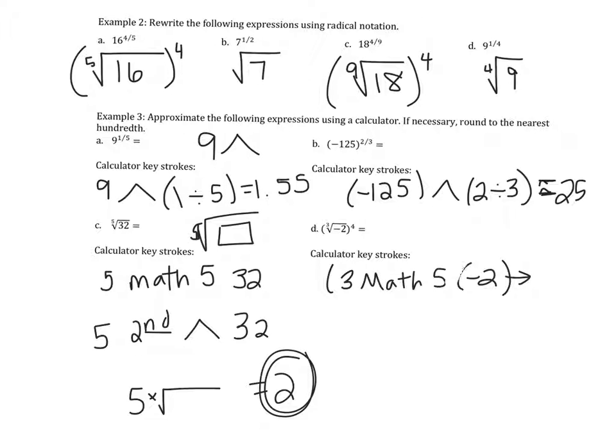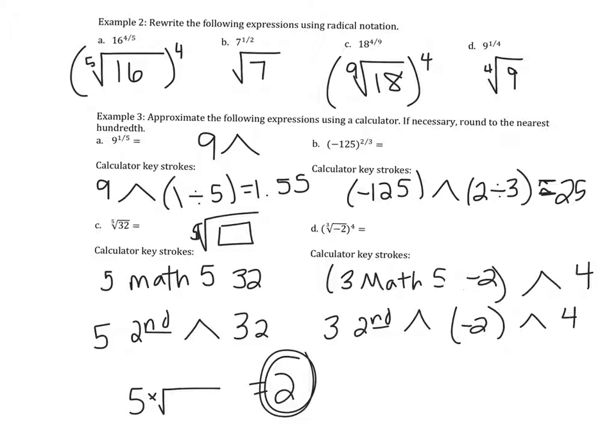So we'll go with just the yellows for now. You would do parentheses 3, math 5, -2, close parentheses, caret 4 on the yellows. On the blue calculator, you would want to do 3 second caret, parentheses, -2, close parentheses, caret 4. We can practice this more together if you need. And you should get 2.52 when it's all said and done there.